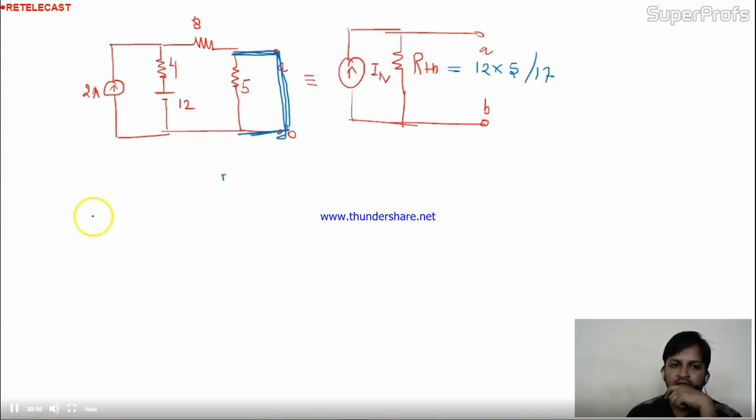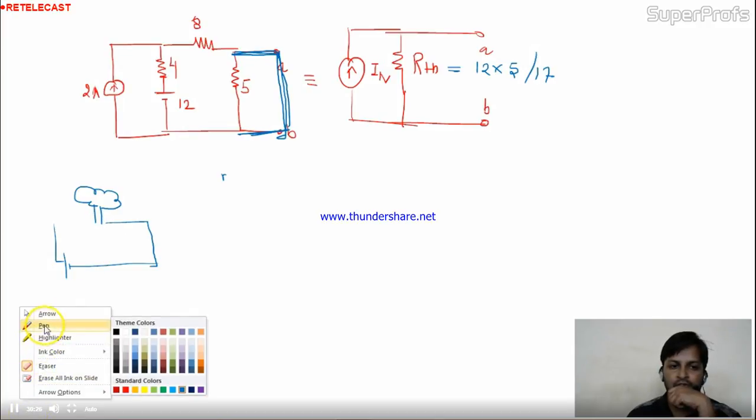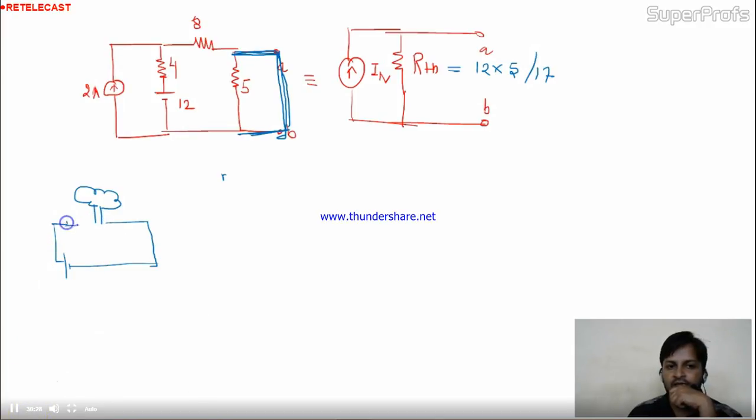In a practical example, take a bulb and connect this bulb to a battery. Like this. What will happen if you apply a 5-volt battery? It will glow.